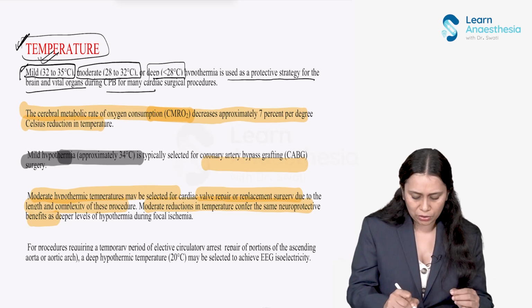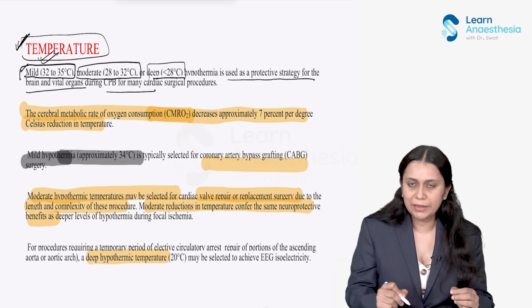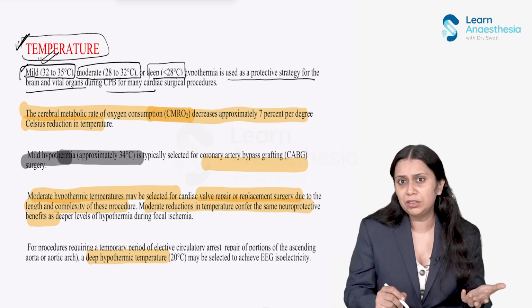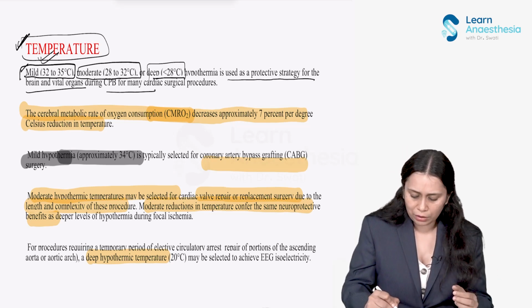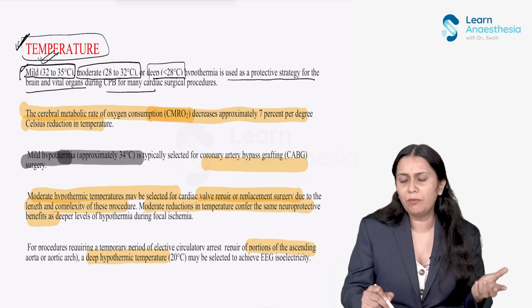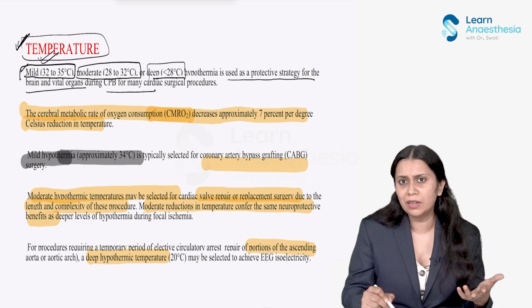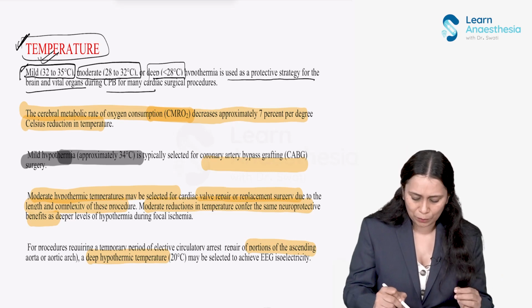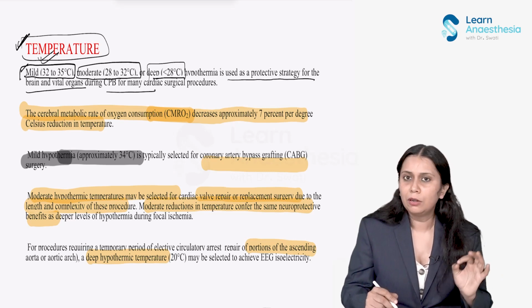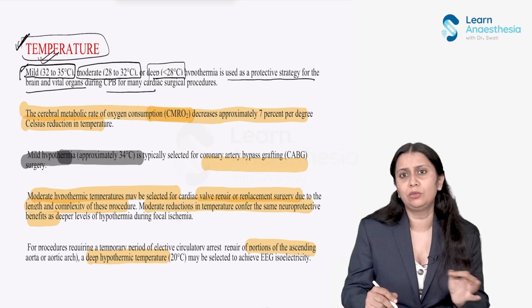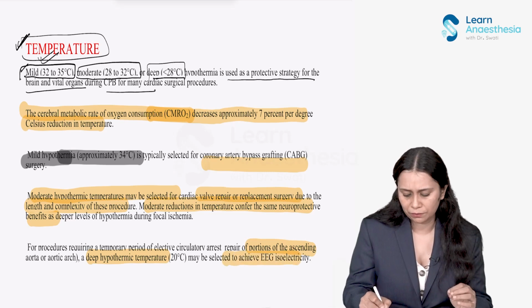Now, deep hypothermia is practiced mostly for the repair of portions of the ascending aorta. So, in case of surgery on the ascending aorta, the deep hypothermic arrest is preferred to produce a complete isoelectricity for brain protection, right?